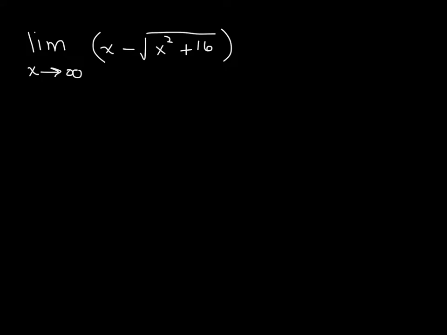Okay, so one strategy that is very popular is to multiply the numerator and the denominator of this expression by the conjugate radical expression. Remember, the conjugate radical expression is just the opposite operation. So the conjugate for this radical expression will be x plus the square root of x squared plus 16.